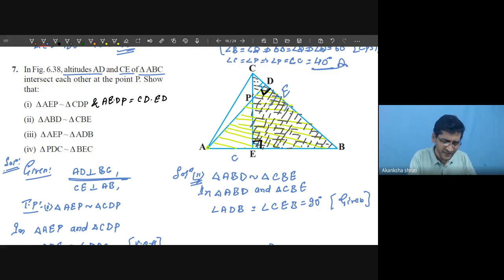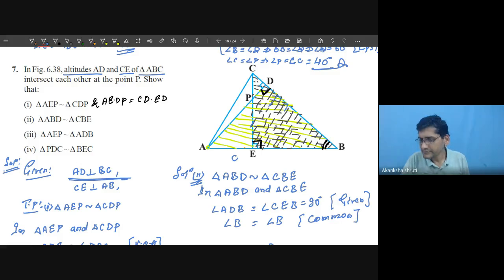You may write that way, or you can leave it, or you are even free to write just angle B is equal to angle B. As here we are observing this angle is overlapping to each other. By rotating, the triangle becomes like the one I have drawn in blue. So angle B is equal to angle B. How is this? It is common to both the triangles.